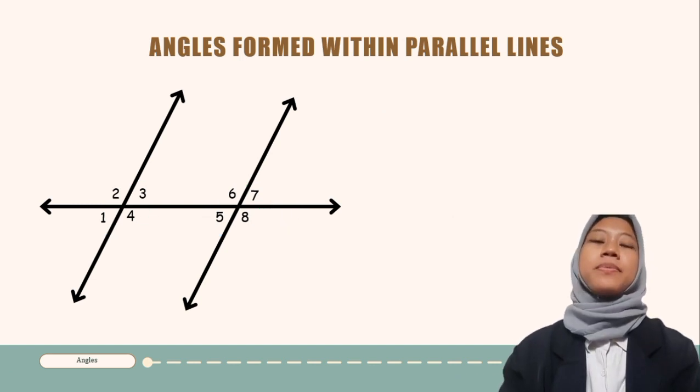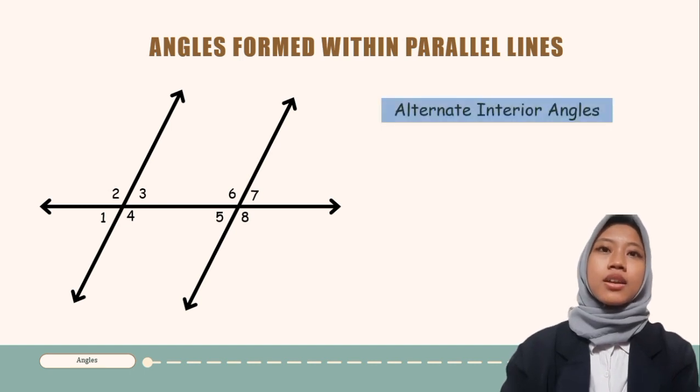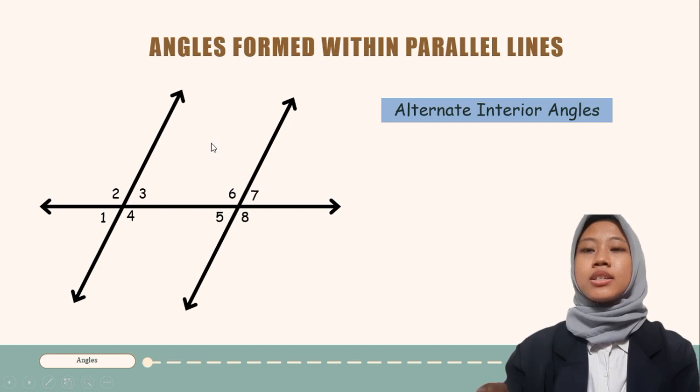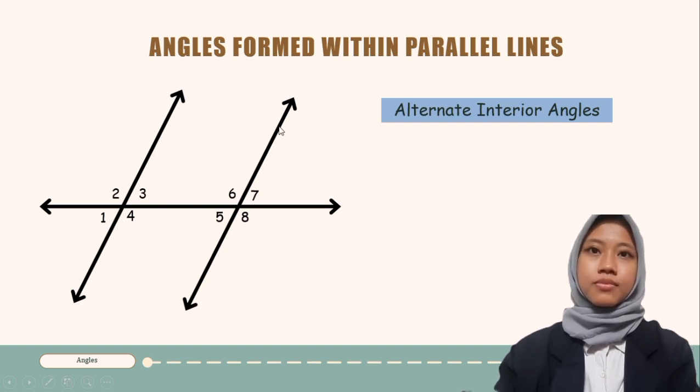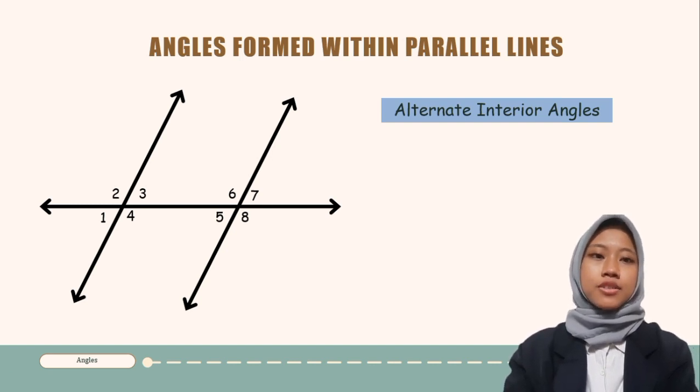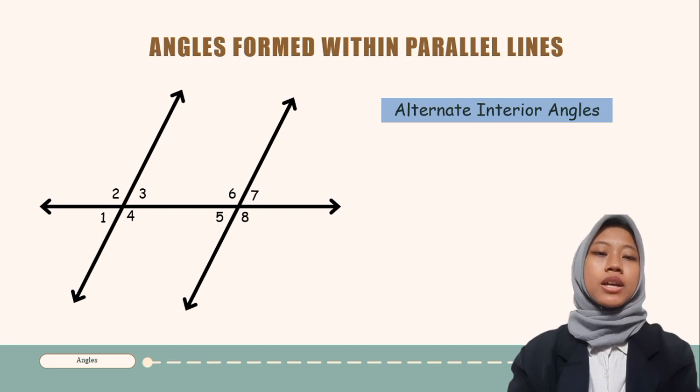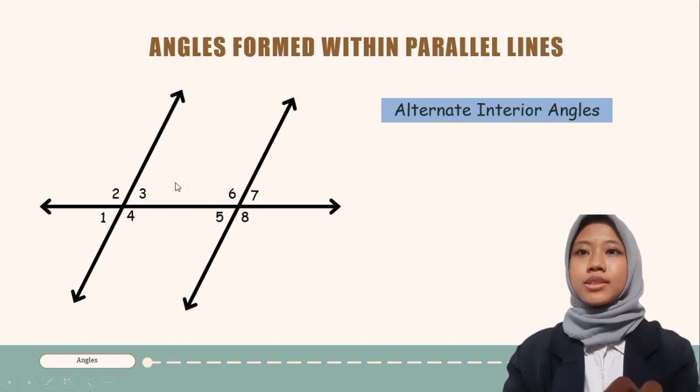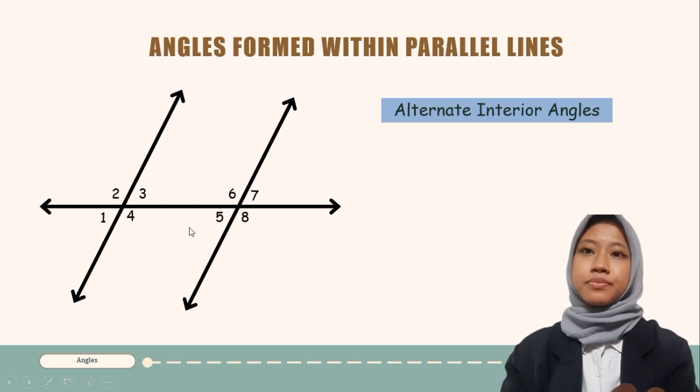Next, angles formed within parallel lines. There are alternate interior angles. You can see this figure. Alternate interior angles are on alternate sides of the transversal and are in the interior of the parallel lines. Look at this part.